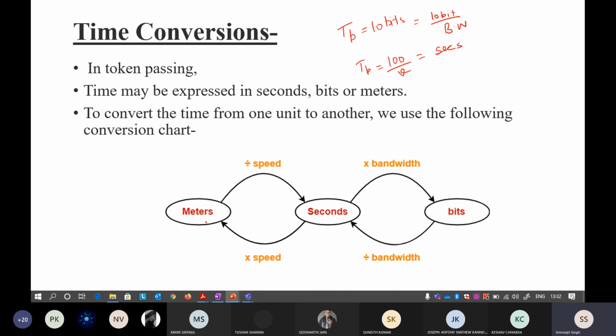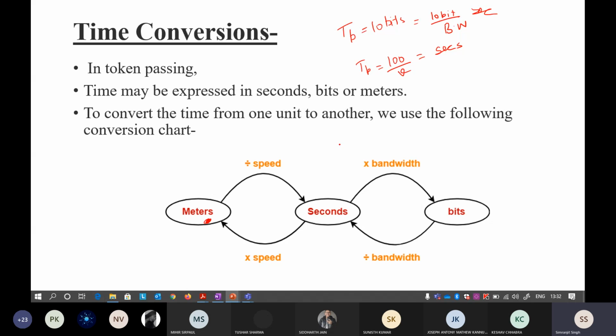If your time is given in meters and you want to convert it into seconds, you divide this particular time by velocity, the speed. And if your time is given in bits and you want to convert it to seconds, you divide it by bandwidth. It is also applicable the other way around: if you want to convert seconds into bits, you multiply by bandwidth. And if you want to convert seconds into meters, you multiply it by the speed.